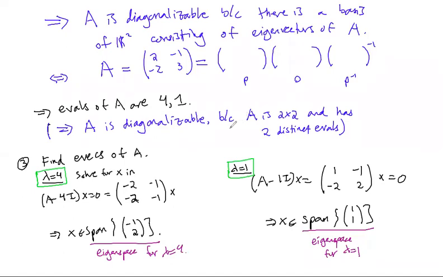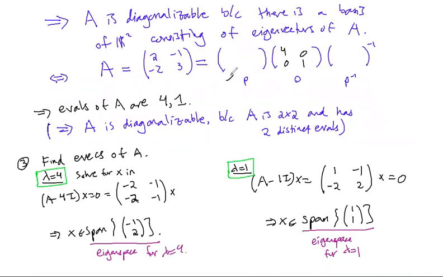All right. And so we can just do this like we've done before. So D, we want to be diagonal, so that means zeros on the off diagonals. And then the diagonal entries are going to be our eigenvalues. So 4 and 1. It doesn't matter what order you put them in, but you have to put the columns of P in the correct order after that.